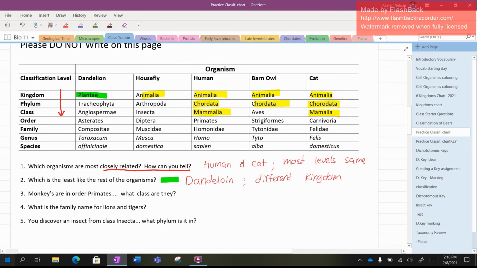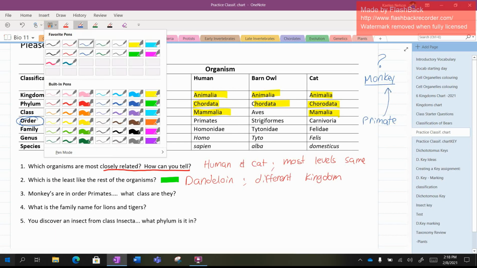Okay, my next question says, monkeys are in the order primates. What class are they? But there is no monkey up here on my list to compare to. But I do have the information that the monkey is in the order primate. So over here I'm going to put primate. And everything above it will be the same if I can find another primate in my examples.